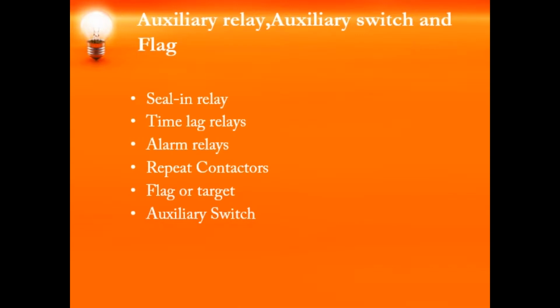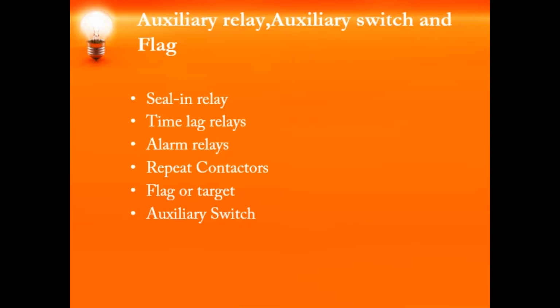An alarm relay gives both an audible and visual indication. At a substation, it is required to provide a trip alarm and one non-trip alarm which is common to the whole substation. So in the control room of the generating station, there is a trip alarm and a non-trip alarm.